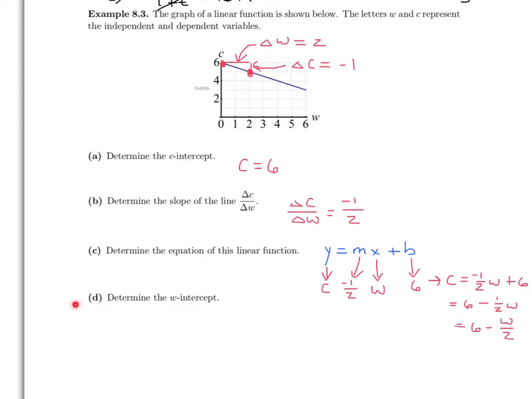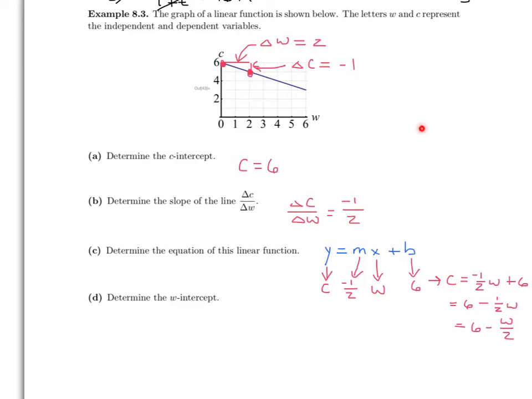Now let's have a look at part D. Determine the w-intercept. So in other words, we want to know, where does the graph intersect the w-axis? We don't see it in this picture, but you can tell that if we continued the graph further down, eventually somewhere, maybe about out here, it will intersect the w-axis. And our goal is to figure out, where does that happen?